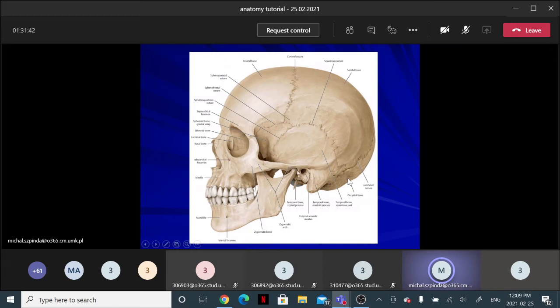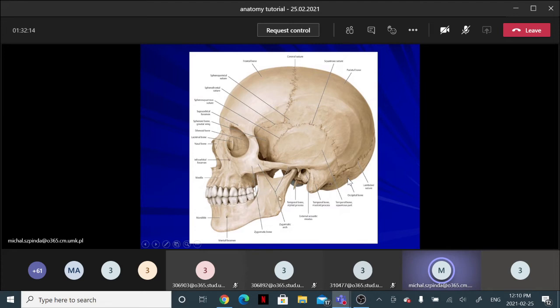The head of mandible articulates with the mandibular fossa. The mandibular fossa refers to the squamous part of temporal bone. So temporal bone is above and mandible below, because the only paired joint in the skull is the temporomandibular joint.